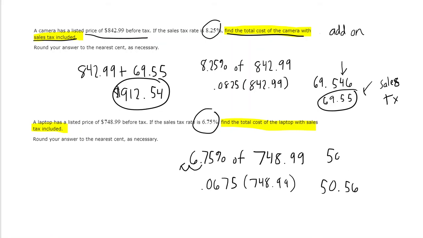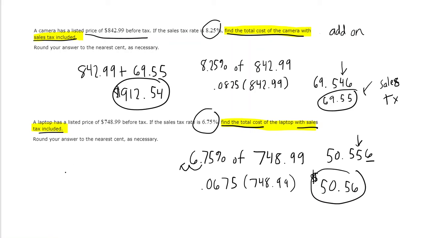Let me show you that really quickly. In my calculator, I got this. Since this is my hundredths place, and the one right after that is 5 or bigger, I'm going to round this to $50.56.